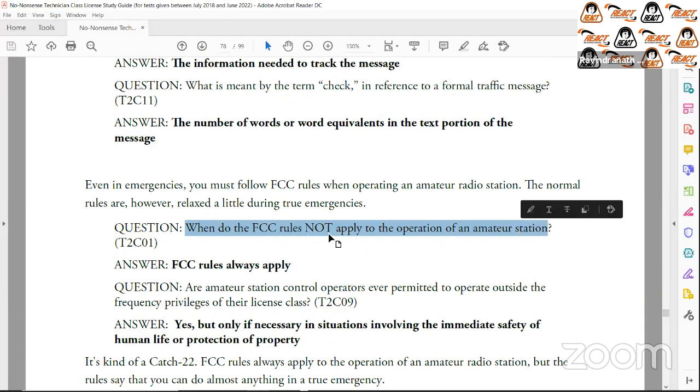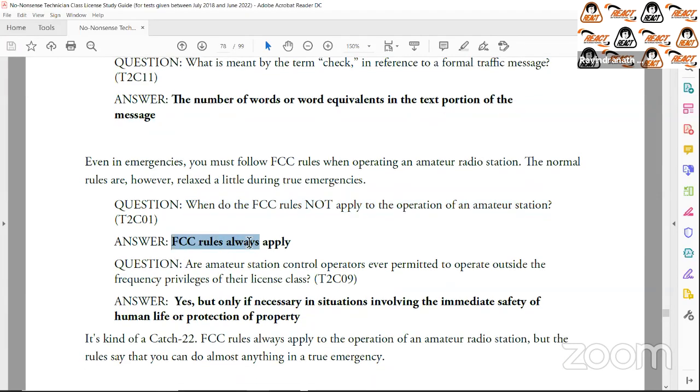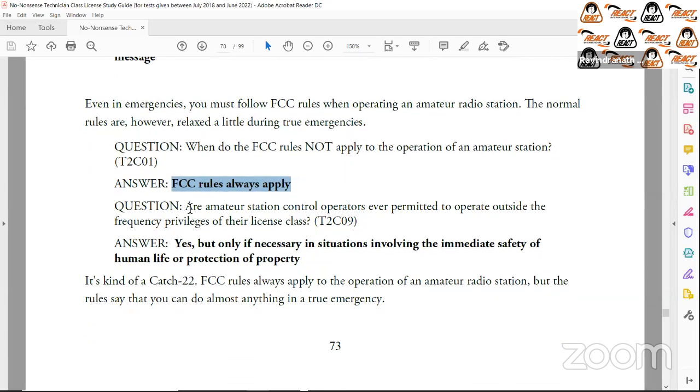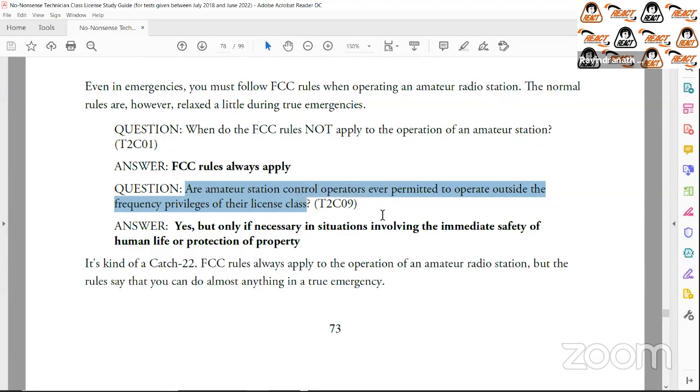When do the FCC rules not apply to the operation of an amateur station? Well, that's a trick question because the FCC rules always apply, all right? Are amateur station control operators ever permitted to operate outside the frequency privileges of their license?